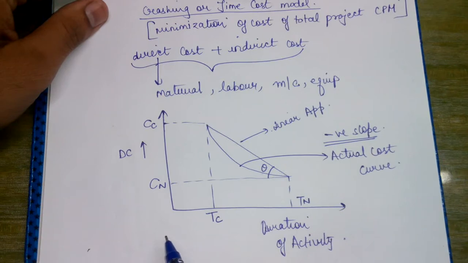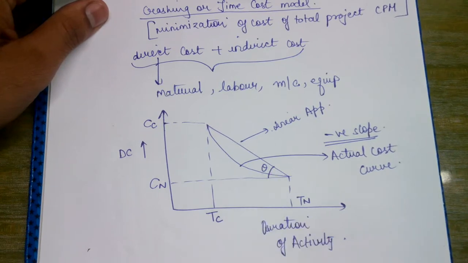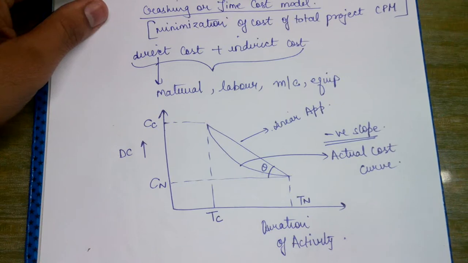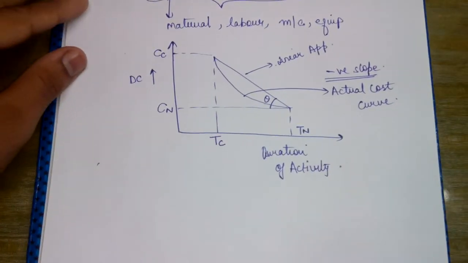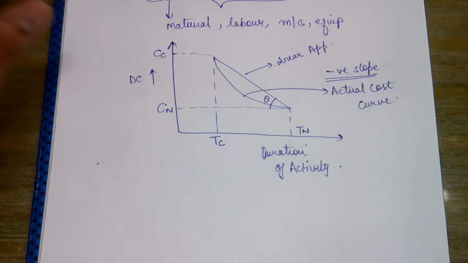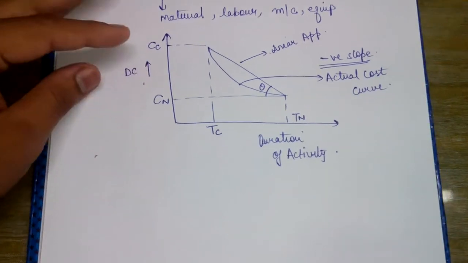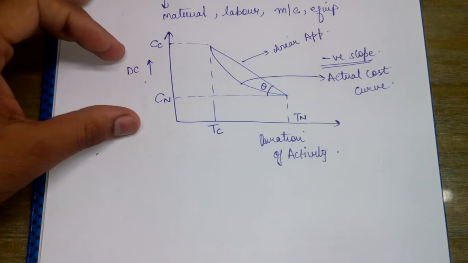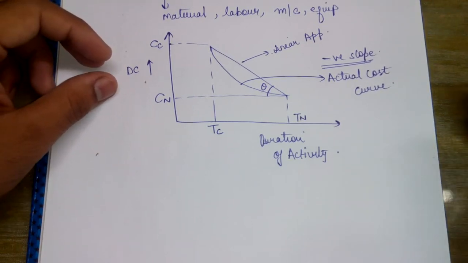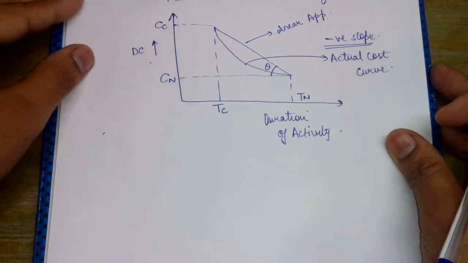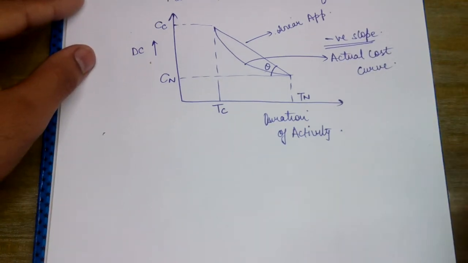Crashing time is defined as the minimum amount of time by which an activity can be compressed or decreased by increasing the amount of resources and hence increasing the direct cost. This can only be achieved by increasing the amount of resources given as input, so indirectly we are increasing the direct cost.